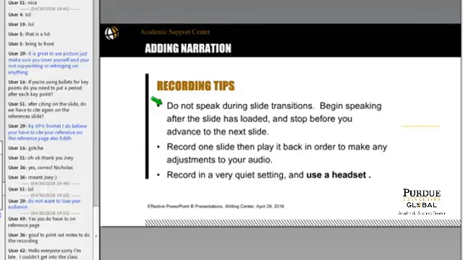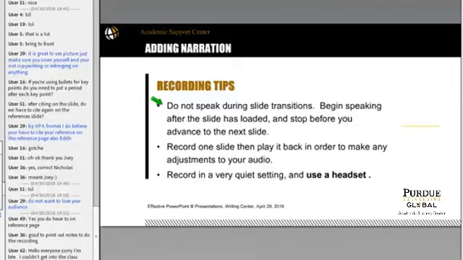The good thing about recording is that it records slide by slide. So if you mess up, you can just redo that slide. You don't have to redo the whole thing. You can record one slide at a time, take a breather, figure out what you're going to say, then record it. Stop. Figure out what you're going to say, then record it. Or you can just record consistently through. If you do that, make sure you don't talk while you're pressing the advance button.